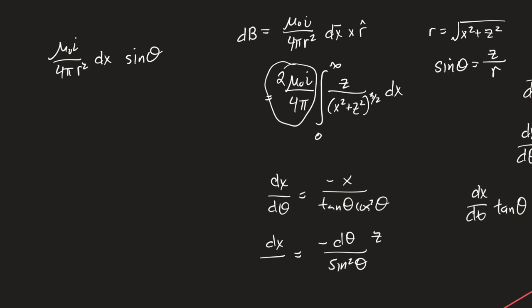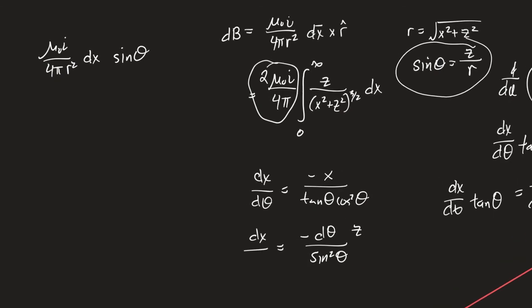So let's start. We moved it, but r is z over sine squared. Right? Do you guys see that? So r is z over sine squared theta. I have r squared right there.